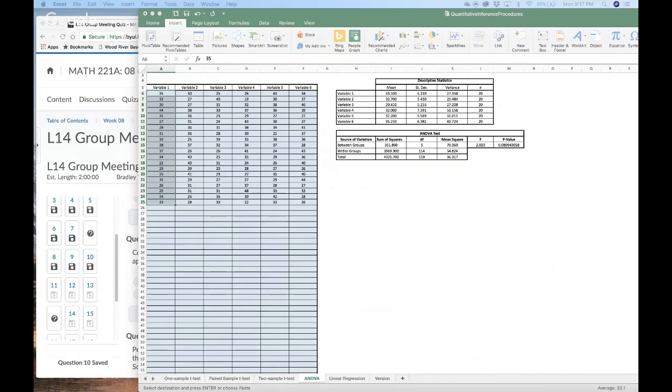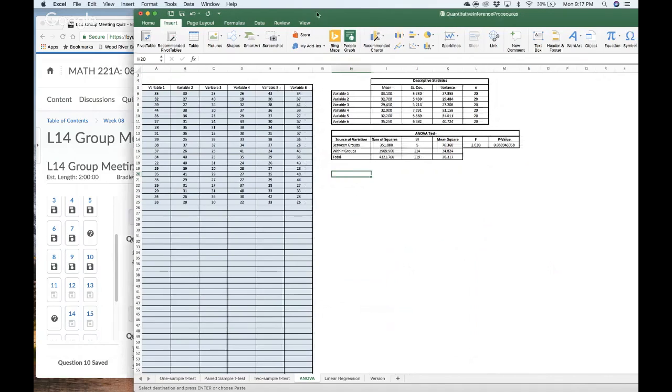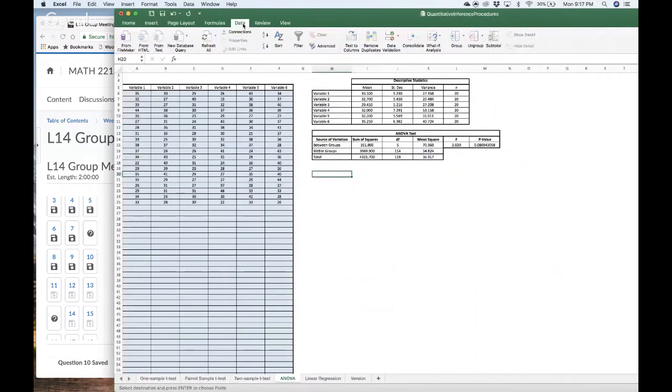Just do it on the variable. I thought we put it on yours. That doesn't look good.